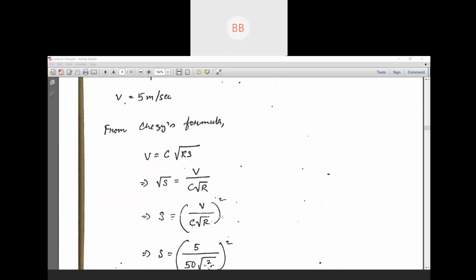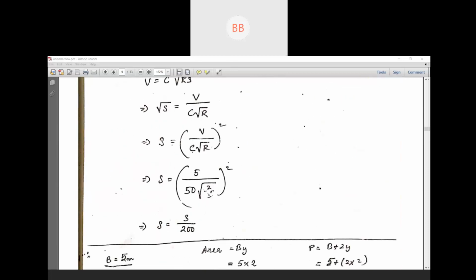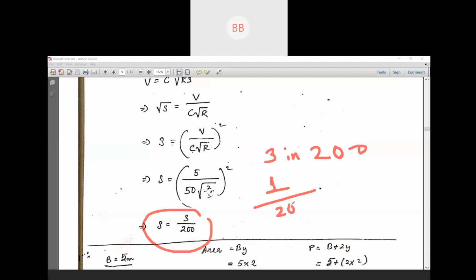So you are getting the value as 3 by 200. So slope you can write 3 by 200, or you can write 3 in 200. Or you can write 1 in 200 divided by 3.